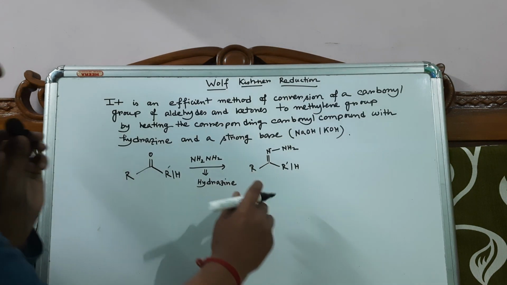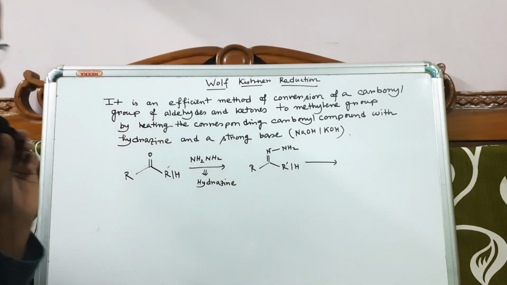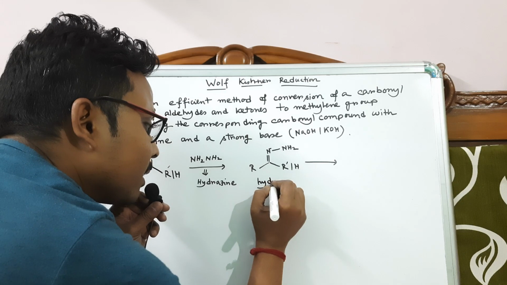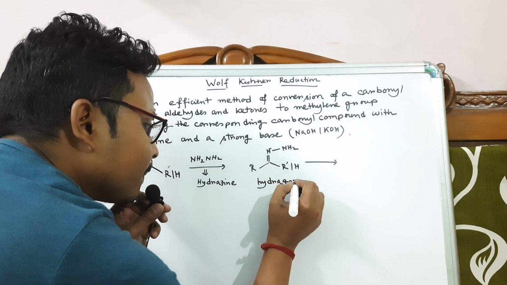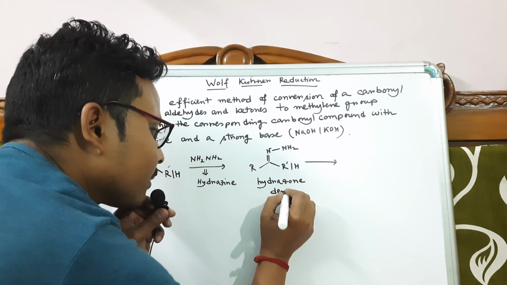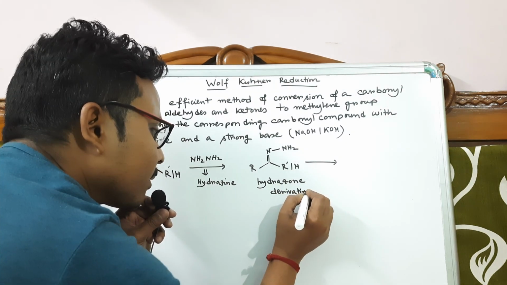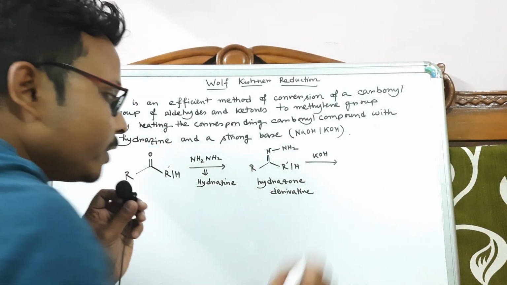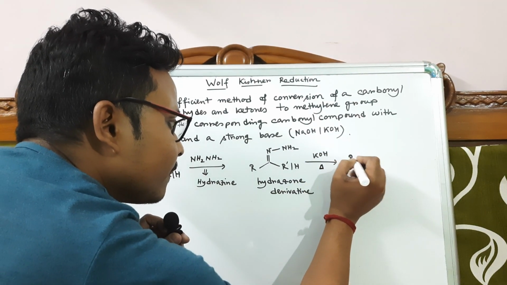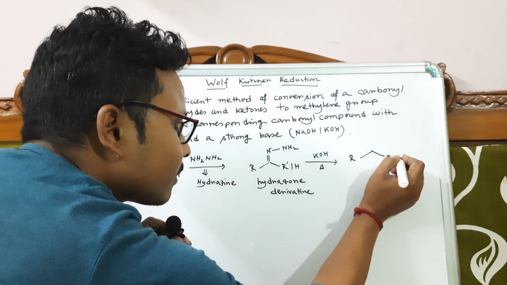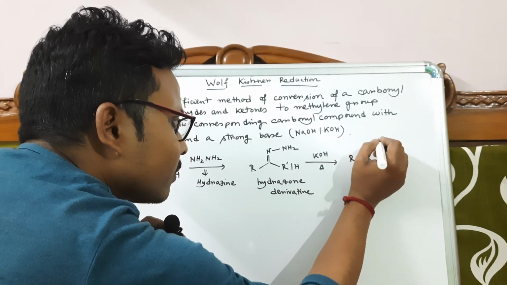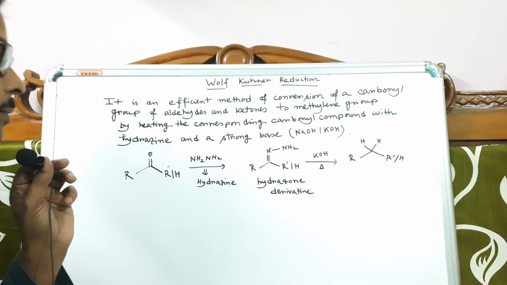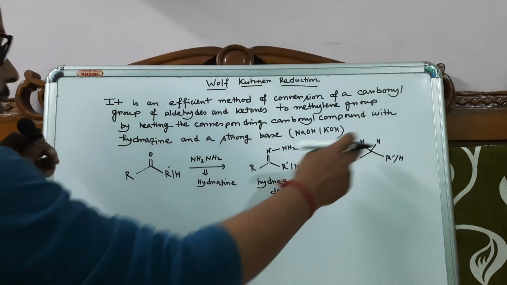This is the intermediate compound, the hydrazone derivative. If it is treated with KOH and heat, the reduction occurs and we get the methylene group, CH2.